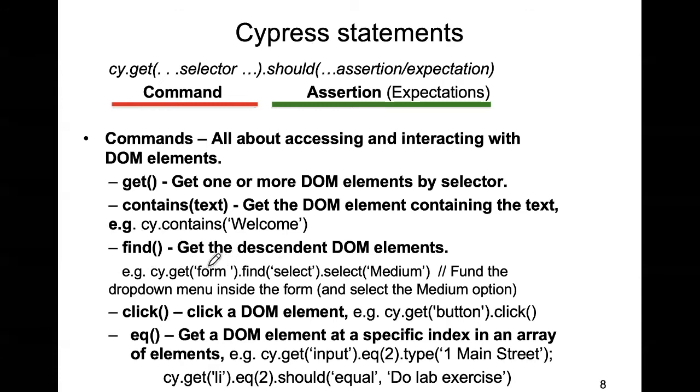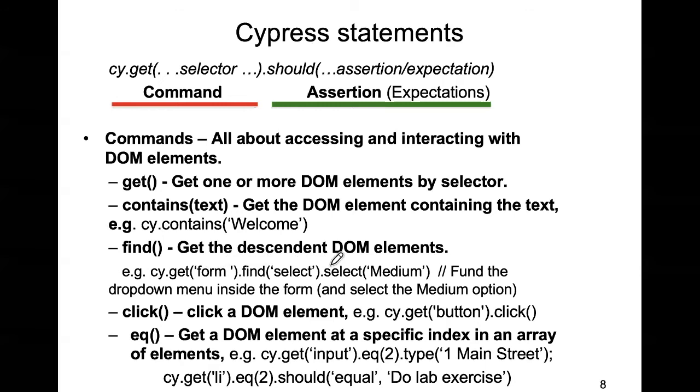And then that DOM element will have a number of child elements within it. What the find does is it is looking for a particular child element or elements within this one. And it looks like here I'm looking for the select element within the form, which is a kind of drop-down menu.